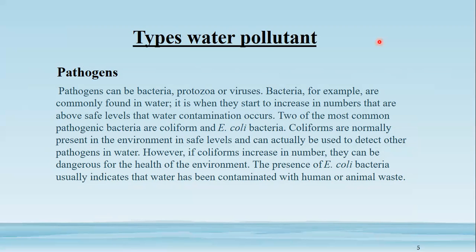Two of the most common pathogenic bacteria are coliform and E. coli bacteria. Coliform are normally present in the environment at safe levels and can actually be used to detect other pathogens in water. But when they increase in number, they can be dangerous for the health of the environment. The presence of E. coli bacteria usually indicates that water has been contaminated with human or animal waste.